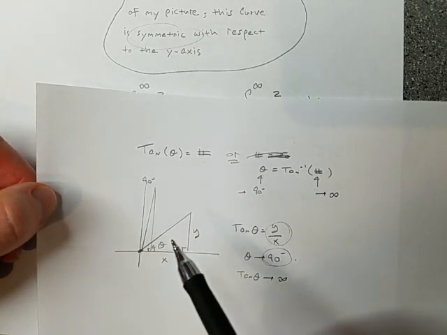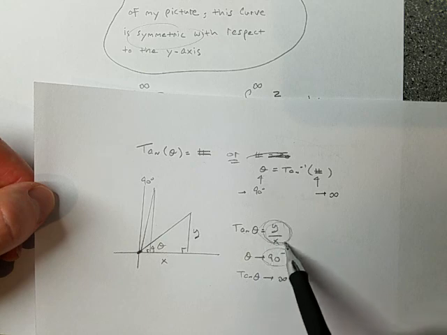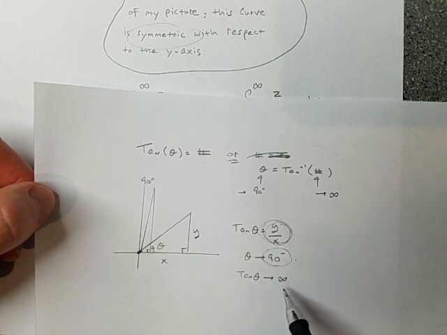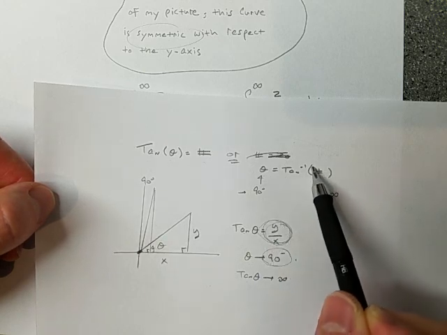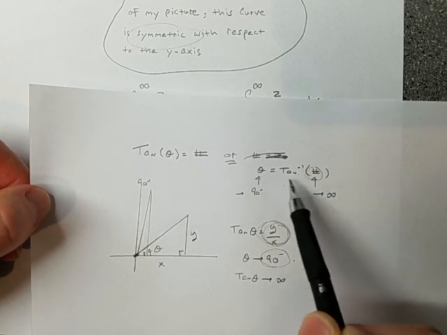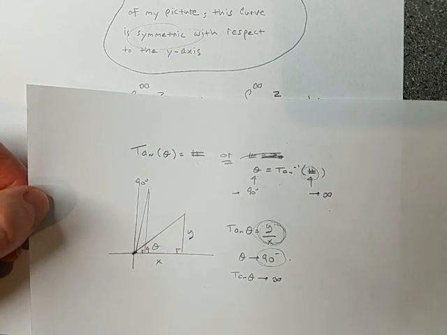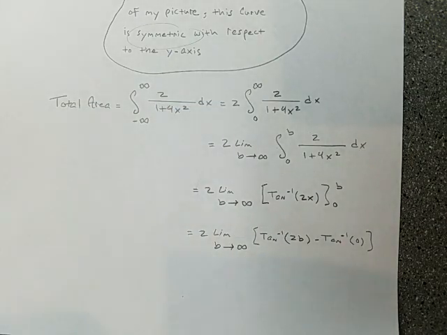Now, if that angle pushes to 90 degrees from below, the number goes to infinity. So if the number in the inverse tangent goes to infinity, that must mean the angle is going to 90 from below. That's the association.